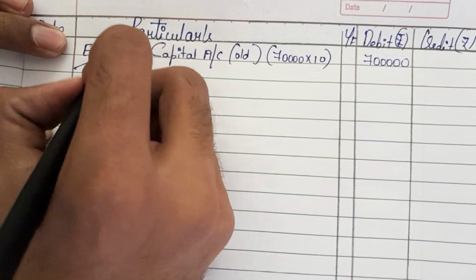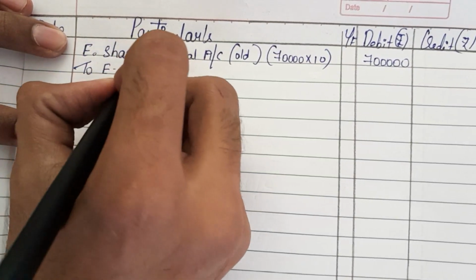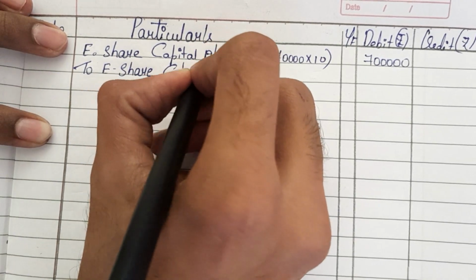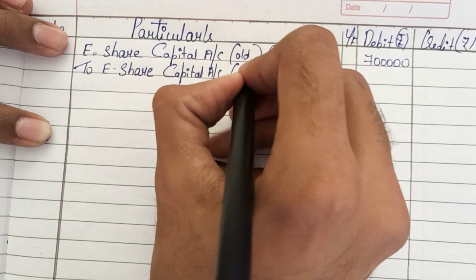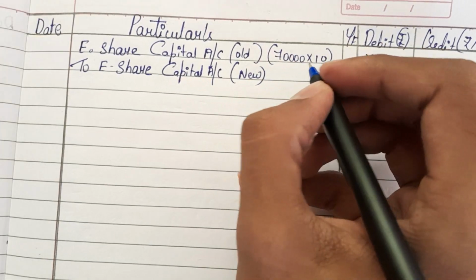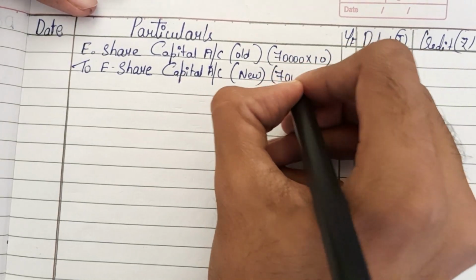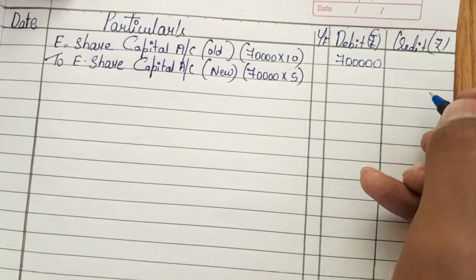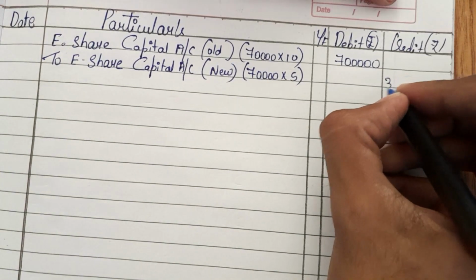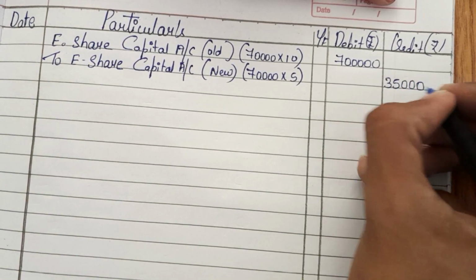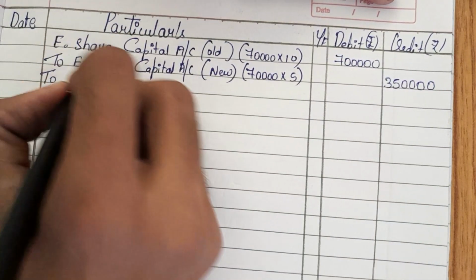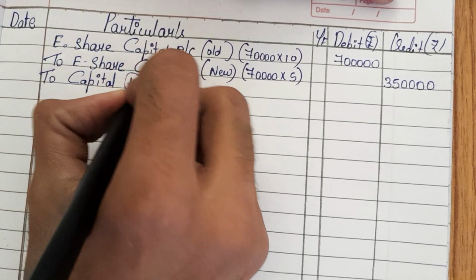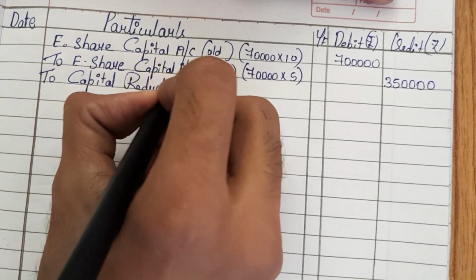So to equity share capital account, this is a new issue, new share account. So same 70,000 equity shares has been reduced to 5 rupees. So here you will get 3,50,000. So whatever the balance is there, that we need to transfer into capital reduction account.